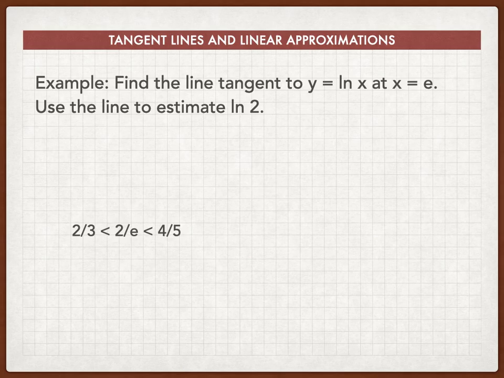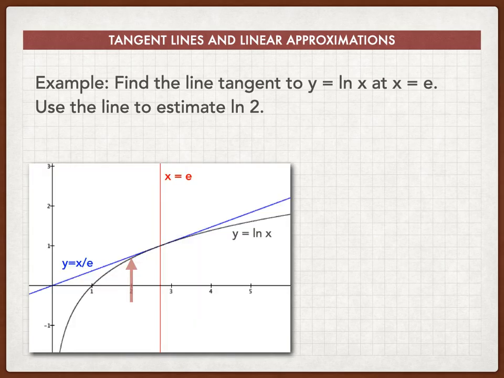Let's take a look at the graph. x equals e is graphed in red. The tangent line is blue. The line is above. It overestimates ln 2.